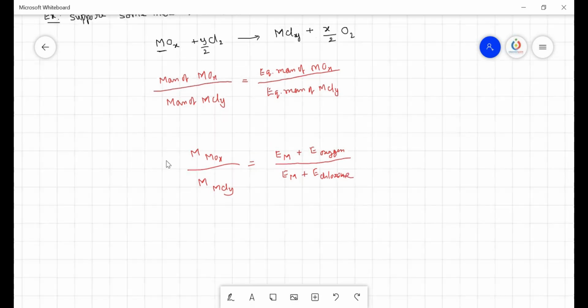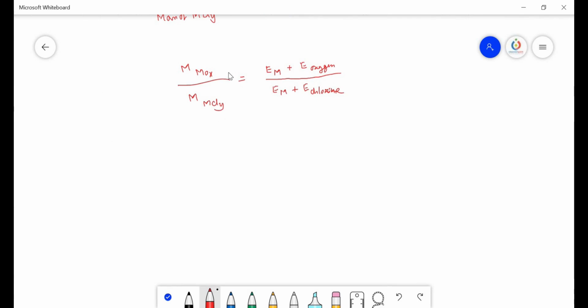And we know the mass of the metal oxide and the mass of the metal chloride, they will provide this information. So it equals the equivalent mass of the metal plus the equivalent mass of oxygen, which is 8, divided by the equivalent mass of the metal plus the equivalent mass of chlorine, which is 35.5. If these values are known, we can easily calculate the equivalent mass of the metal.